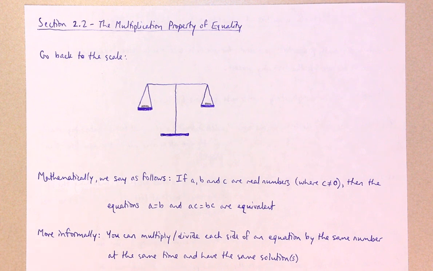Well, multiplication is really just another way of adding the same thing onto itself a certain number of times. And dividing is really a glorified way of just subtracting the same thing from something some number of times.